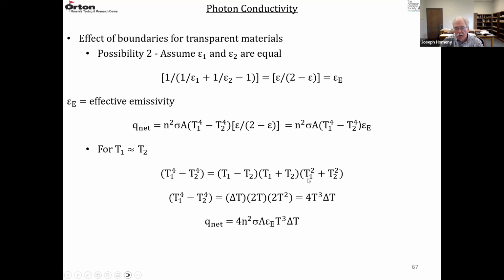And then T1 squared plus T2 squared is just 2T squared. So this term here, T1 to the fourth power minus T2 to the fourth power, just equals 4T cubed delta T. Putting that into our equation, Q just equals 4n squared sigma A epsilon effective T cubed times delta T.